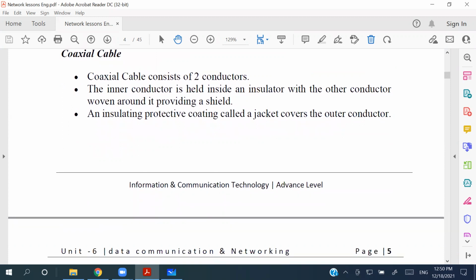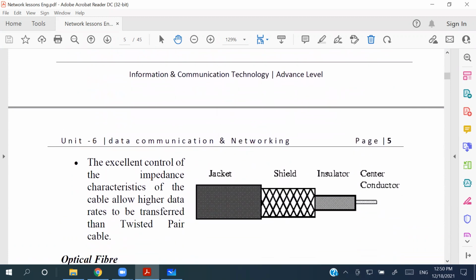This has a very thick copper line in the middle of the cable, which we consider the center conductor, right? And around that center conductor, it has an insulator. That means whatever charge goes over here will not penetrate through this.